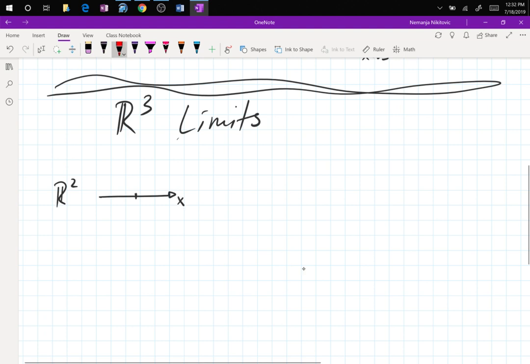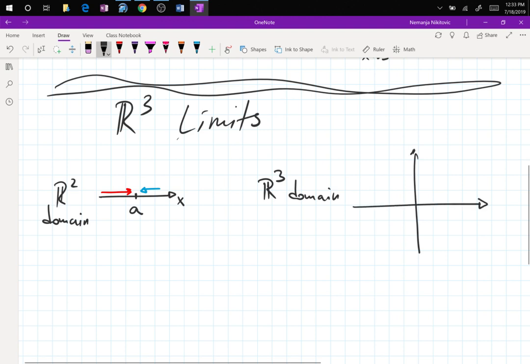So you can approach your point A from the left, or you can approach from the right. Now look at R3. The R2 domain is just a straight line, x, the only input you have, and you can only approach from left and right, and we have left and right limits, and that's it. But the R3 domain, guys, R3 domain is insane.